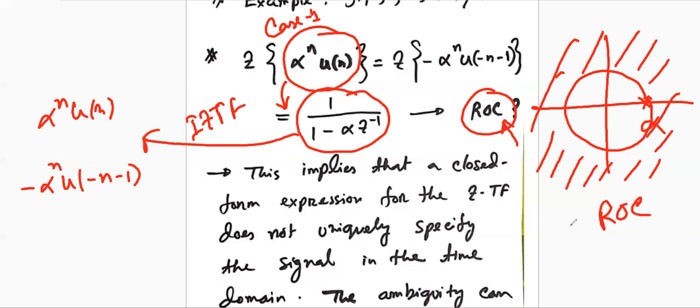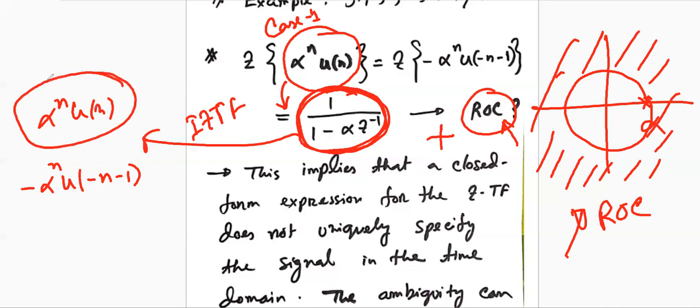So with this ROC and this mathematical expression, the combination of these two lets me say that this is the solution, because this is a right-sided sequence. We have two possibilities, one here and the second one here. By seeing the ROC, we can say that it must be a right-sided sequence, and this is my final result.